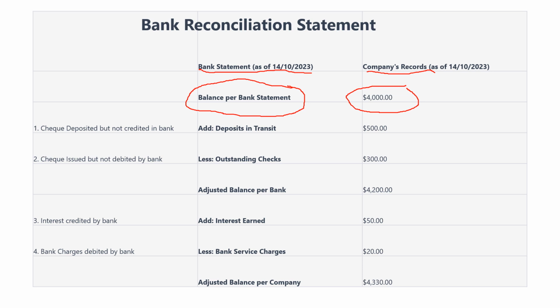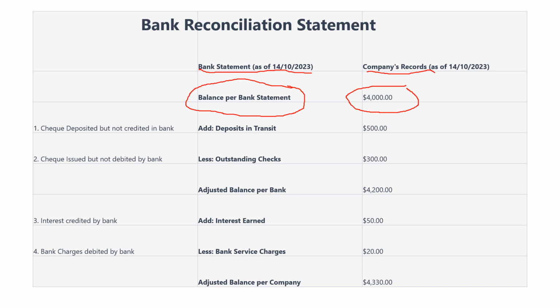Now go through four examples only. The first one, check deposited but not credited in bank. That means you have received a check and deposited it to your bank account, but it has not been credited into your bank account. That means the check amount should be added to the bank balance you have, because this has been deposited but has not yet been reflected in your bank.